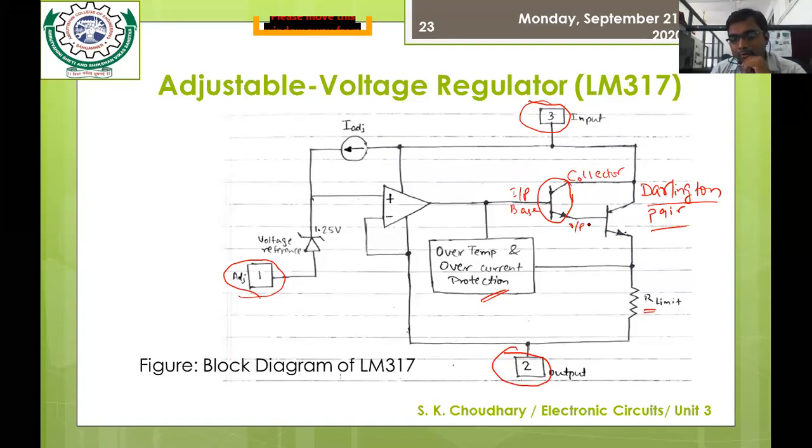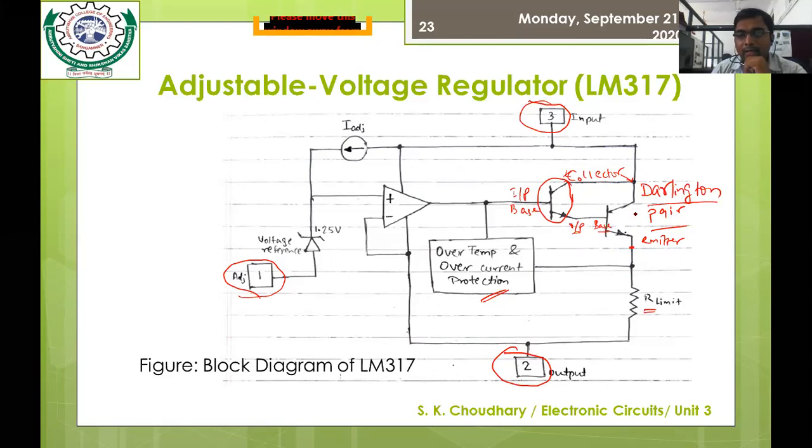This output of the first transistor's emitter drives the base of the second transistor, meaning this output acts as an input to the second transistor. Again in the second transistor the collector terminal is common, and from the emitter terminal we are driving the output.